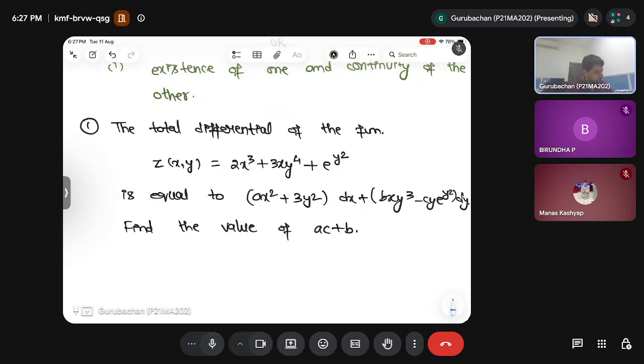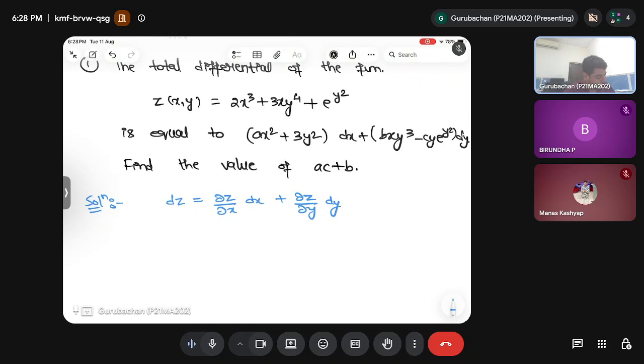So let us do it. What is the definition of the differential? The total differential dz is del z by del x dx plus del z by del y dy. So what is del z by del x?